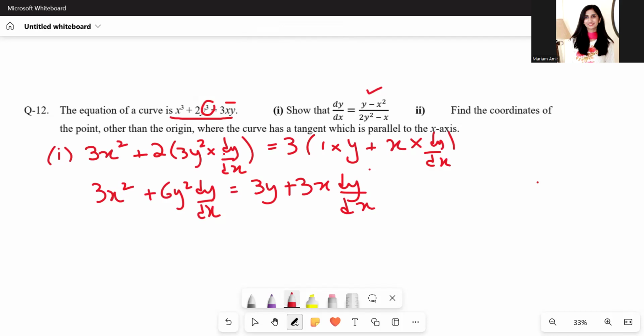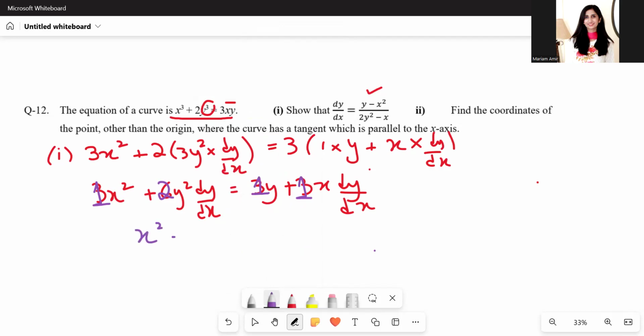Okay, so first thing I like to do is take 2 common from both sides and cancel it. Sorry, take 3 common. So this will become 1, this will become 2, this will become 1, and this will become 1. Now I'm going to move the dy by dx terms to the same side.